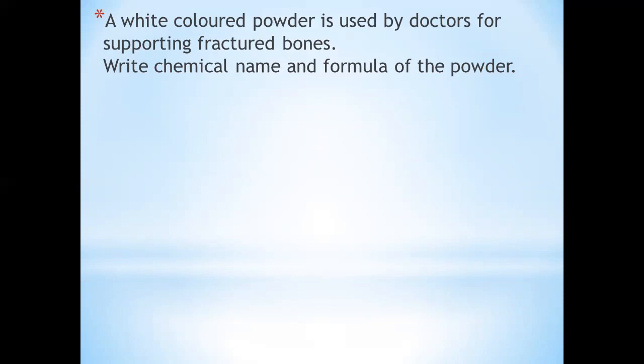Answer is plaster of Paris. Chemical name of plaster of Paris? Calcium sulfate hemihydrate, and formula CaSO4.1/2H2O. Next student.